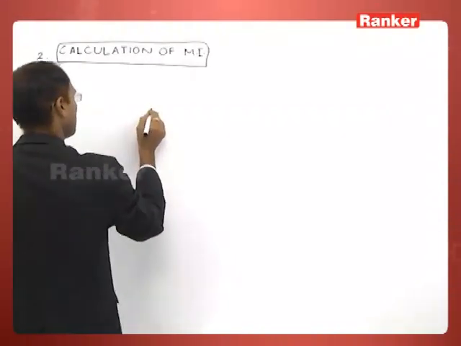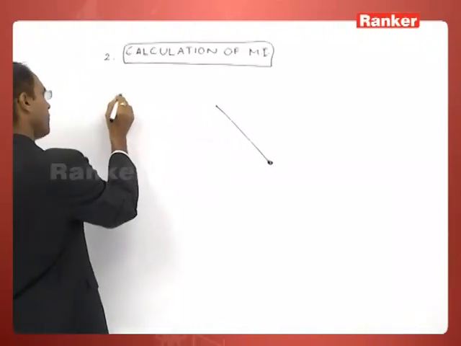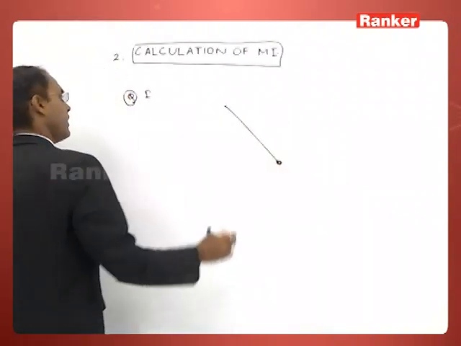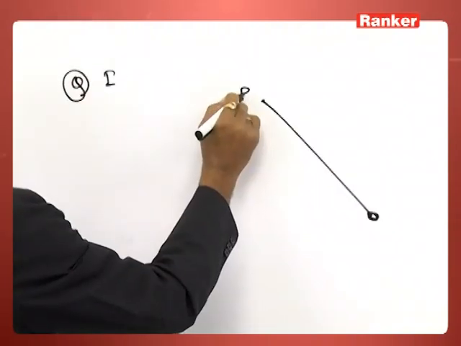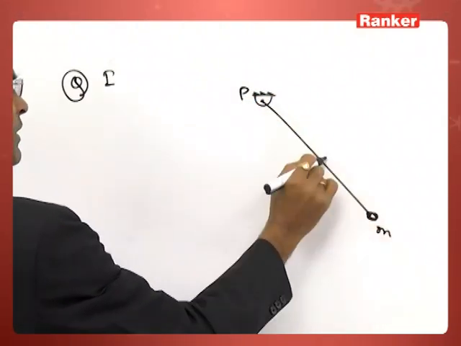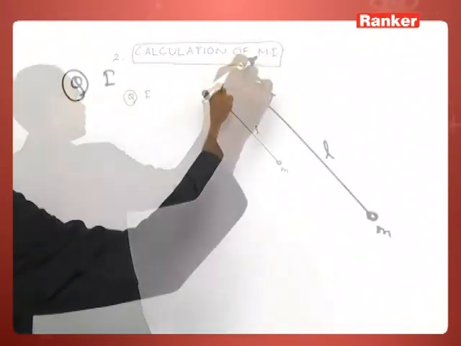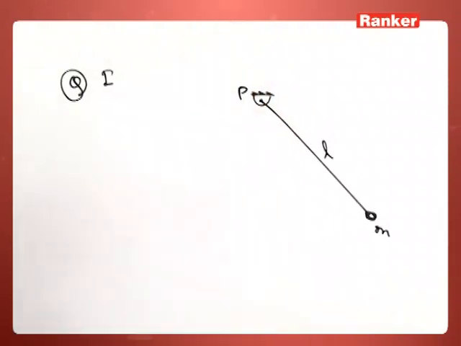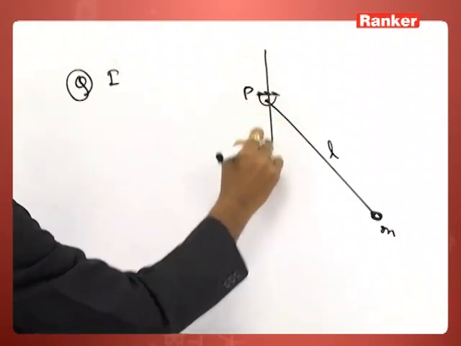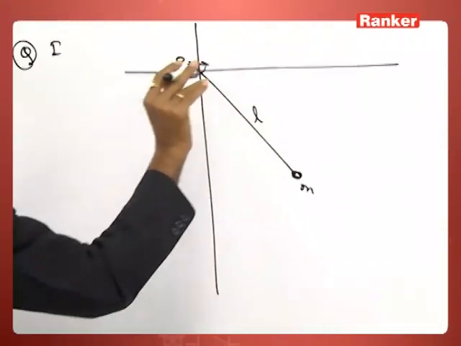Let us find the moment of inertia of a pendulum bob, which is hanging from this point by an inextensible thread of length L. So we can draw so many axes, countless straight lines through this point. Let us take this axis.